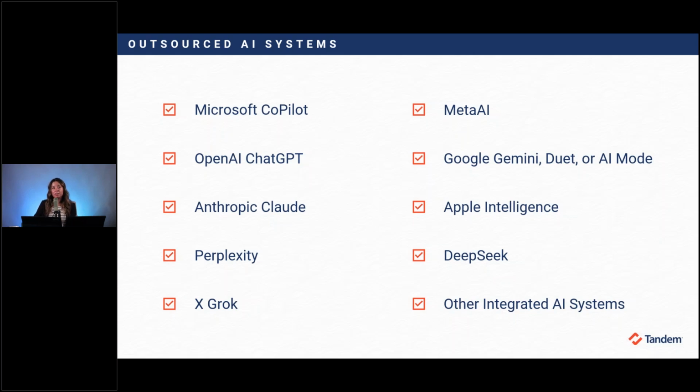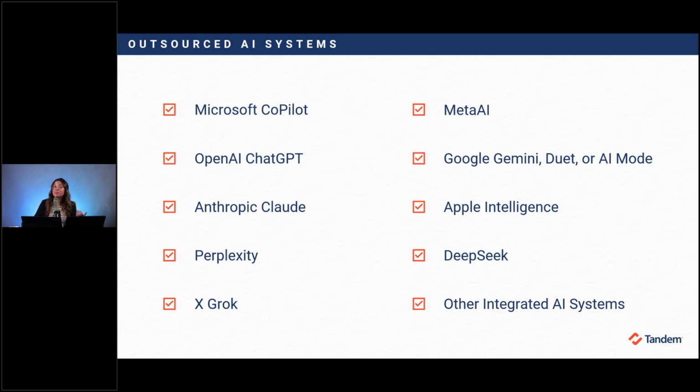Some of these are dedicated AI tools like ChatGPT, Claude, or Perplexity that your employees may be logging into directly. Others are AI features integrated into existing platforms, things like Microsoft Copilot in Office 365 or Salesforce Einstein. And then don't forget about the new AI systems rolling out from Apple, Meta, and even X. These tools are finding their way into our daily workflows faster than most organizations realize.